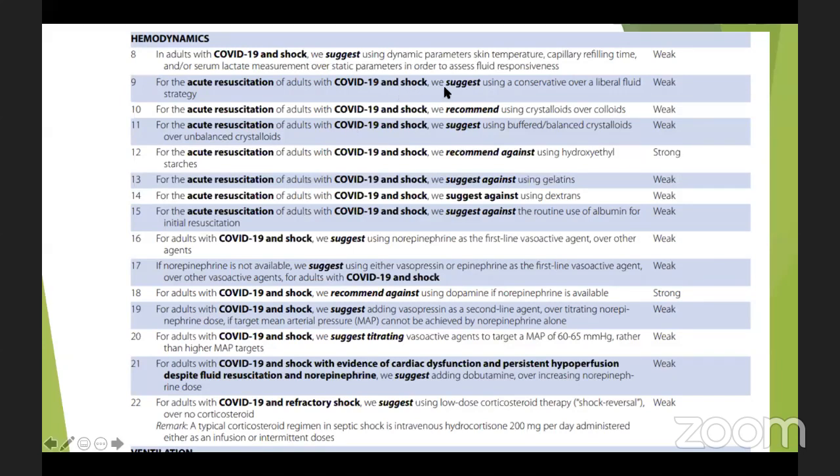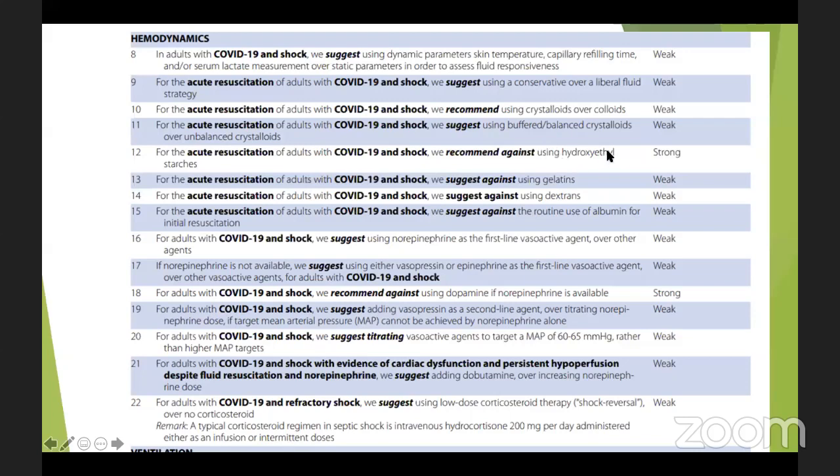If you want to select the fluids, they prefer crystalloids over colloids, because colloids are expensive and do not change the outcome. But even with crystalloids, buffered or balanced crystalloids, as we mentioned, like Ringer's lactate, are preferred, with less renal failure and less hyperchloremia.